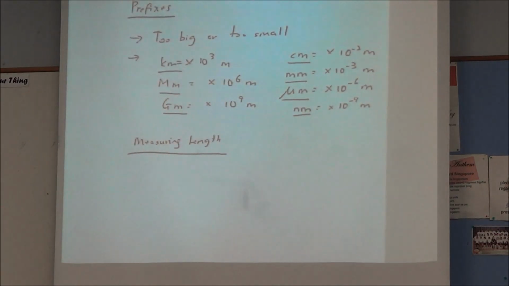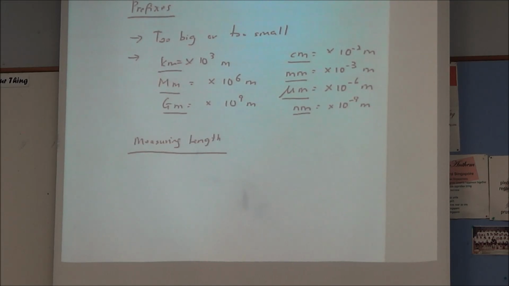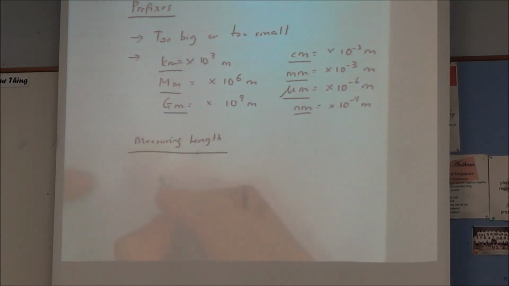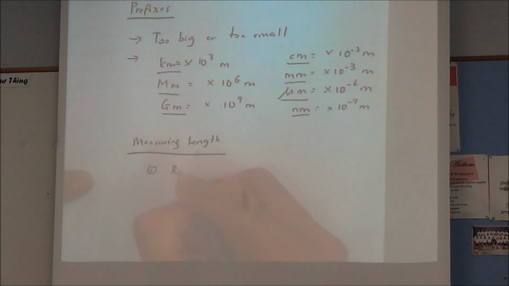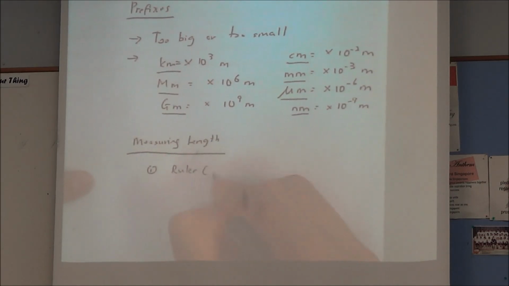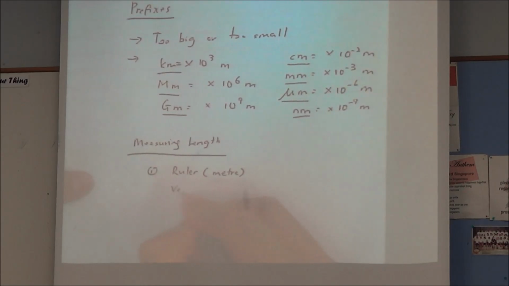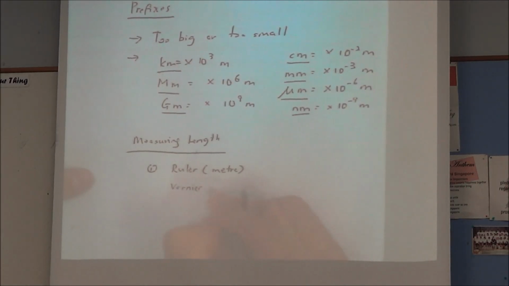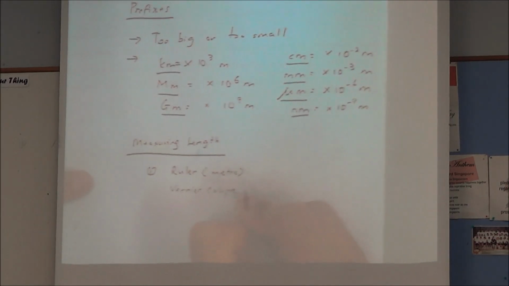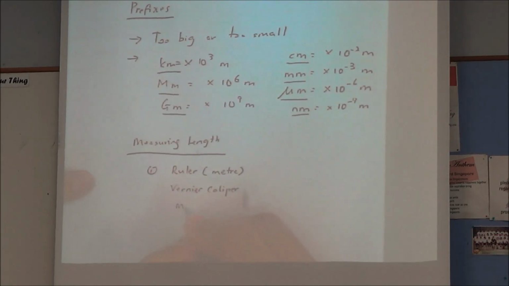Measuring length. There are 3 instruments to learn. One is the ruler, to be exact, the meter ruler. Next is the vernier caliper. The last one is the micrometer screw gauge.